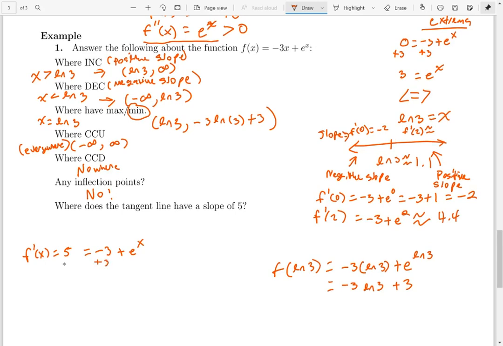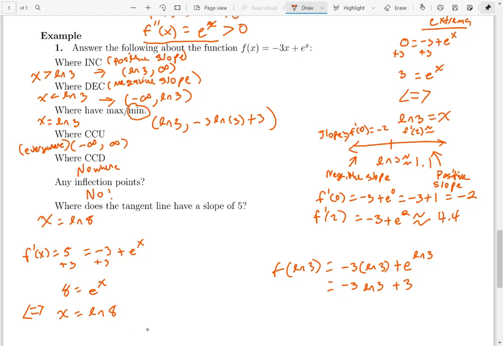I'm going to add 3, and I get that 8 is equal to e to the x. If I want to solve for x, I'm going to rewrite this using my natural logarithm definition. So x is equal to the natural log of 8. And so I know that the tangent line at x equal to ln of 8 is where we have a tangent line with a slope of 5.